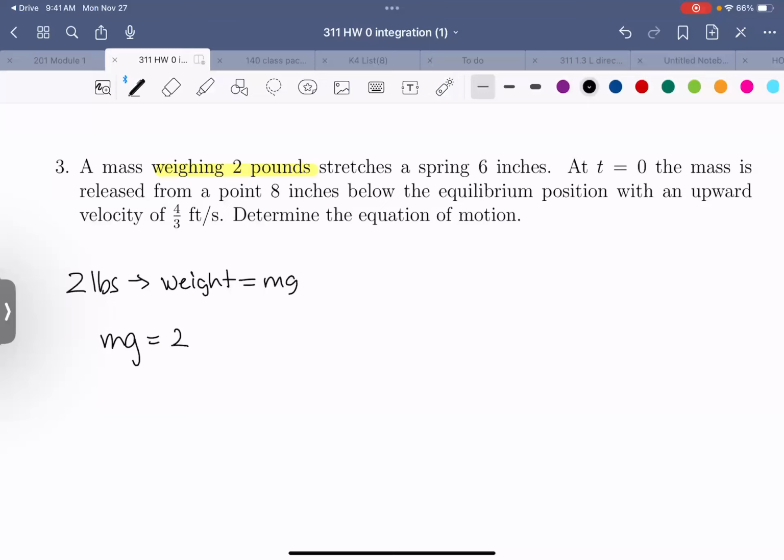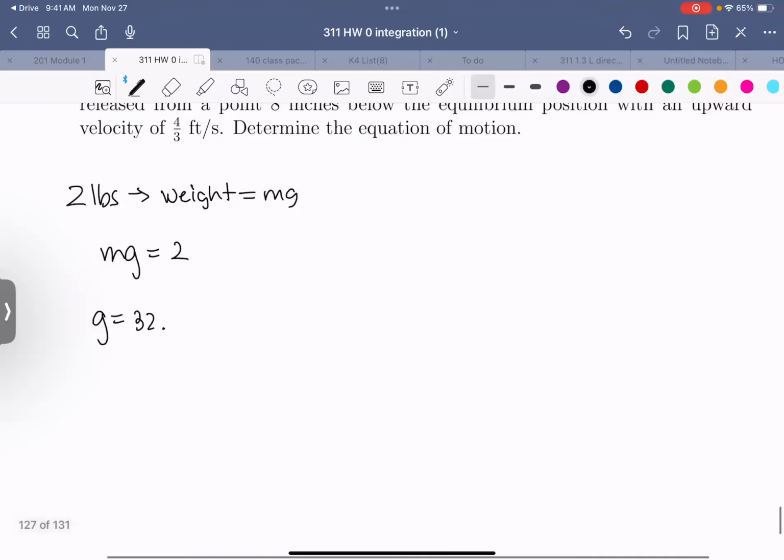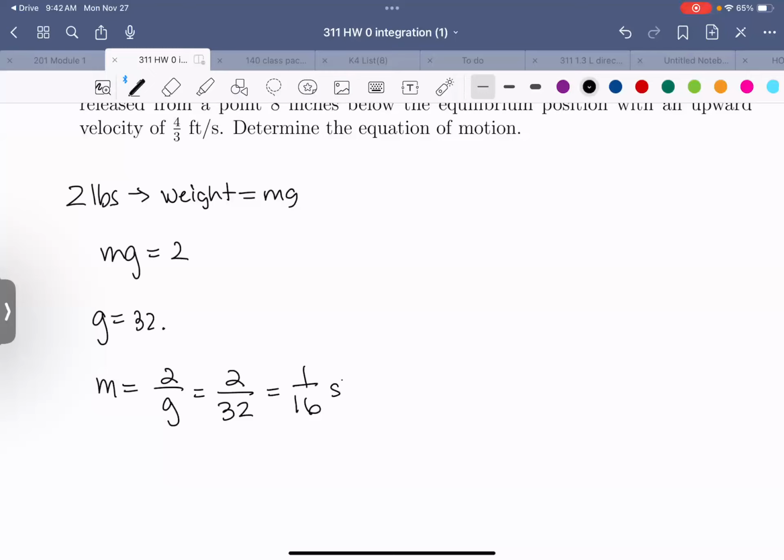So your G here is going to be 32. So in order to find your mass, you're going to take 2 over G, which is 2 over 32, which is 1 over 16. What's the unit of mass in standard units? Slugs, yeah. So it's a 16th of a slug.